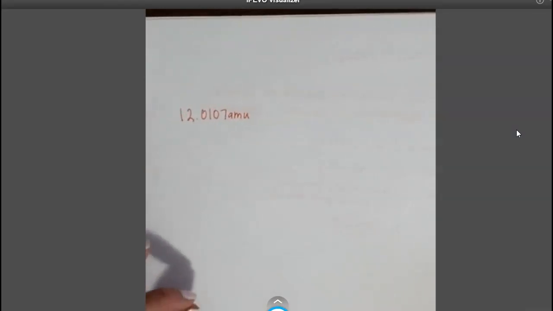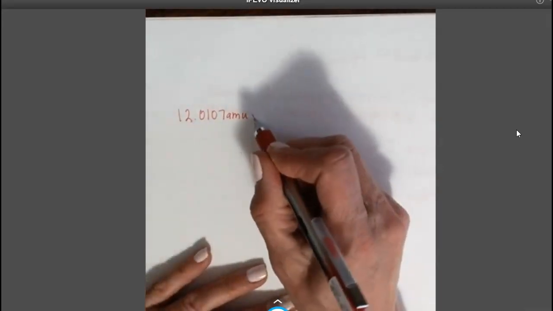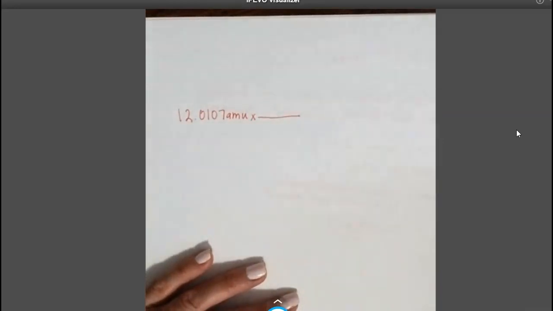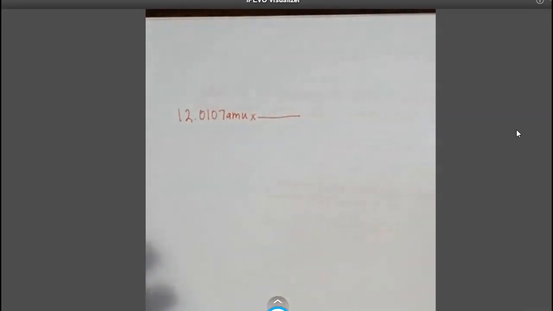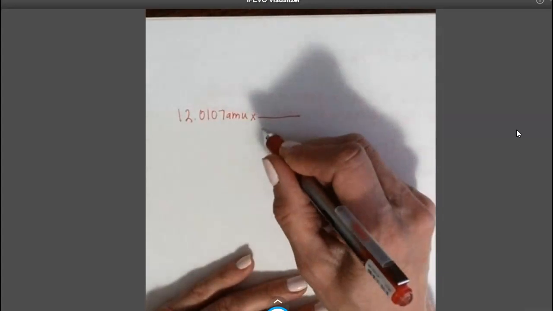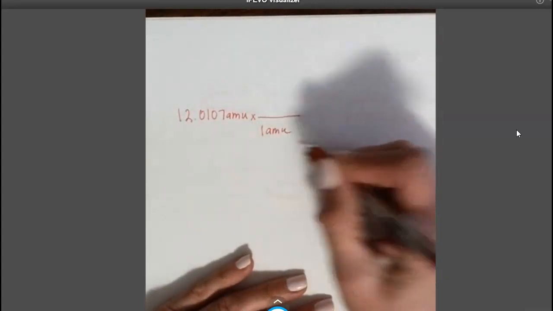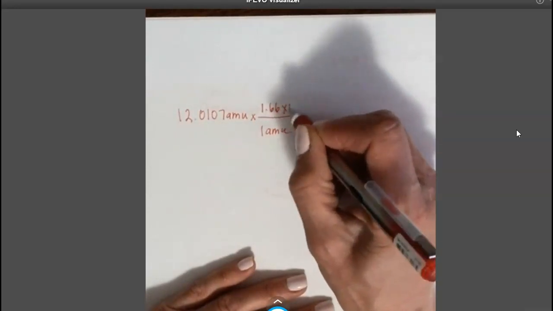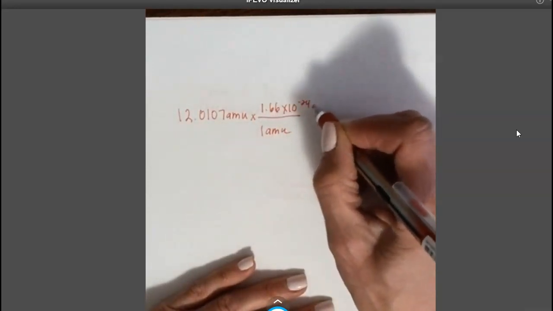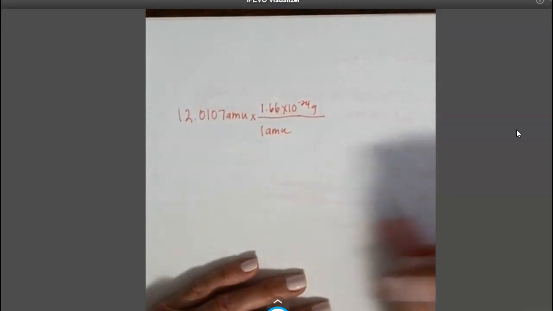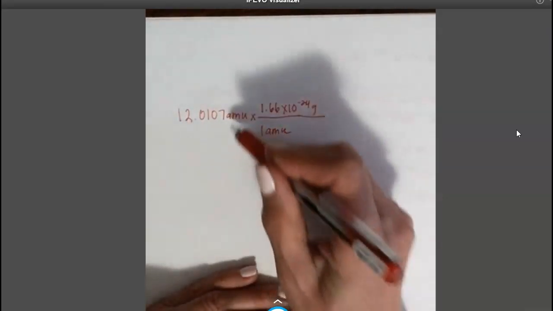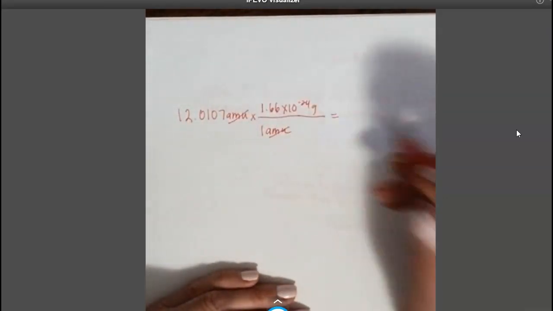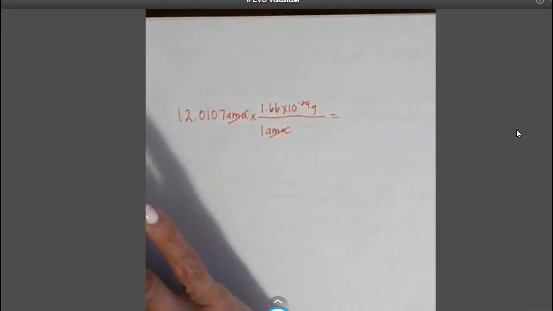So I'm going to take that weight of one single carbon atom and I am going to convert that one single atom, its mass or its weight, into grams. So 1 AMU is equal to 1.66 times 10 to the negative 24th grams. So this is the weight of one carbon atom in AMUs, and I'm going to convert that into grams.